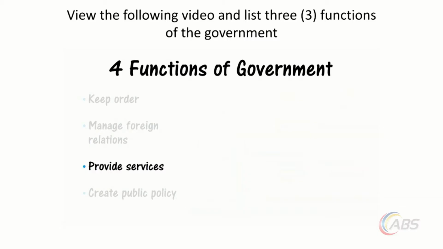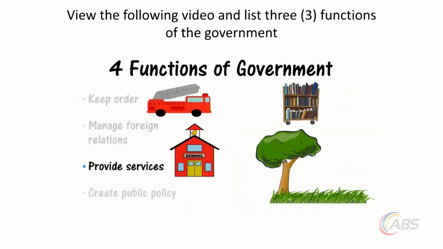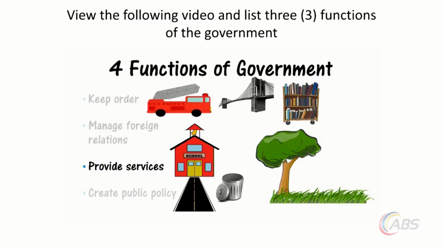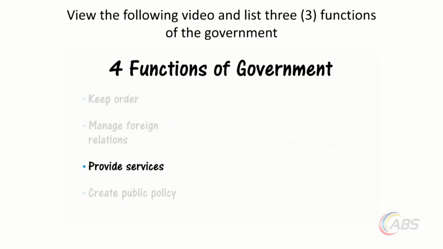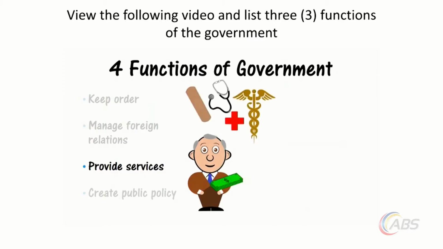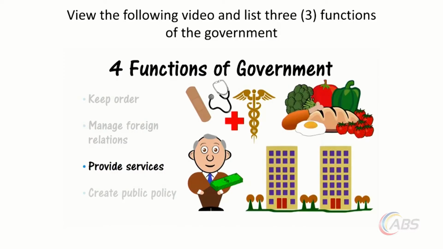This includes schools, libraries, fire departments, parks, roads, bridges, garbage collection, recycling programs, water and sewage systems, food inspections, building inspections, mail service, and many others. In addition, government serves people in need with programs like Social Security, Medicare and Medicaid, housing assistance, and food stamps.